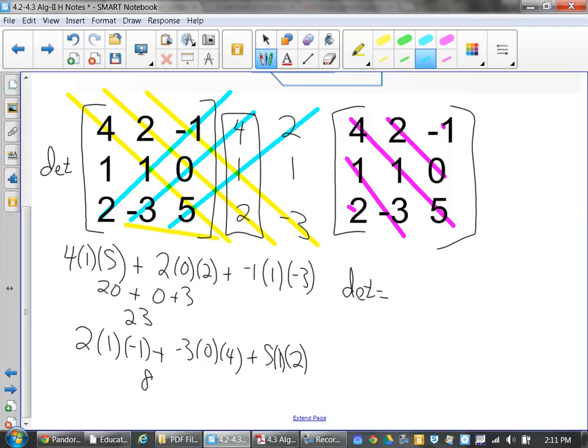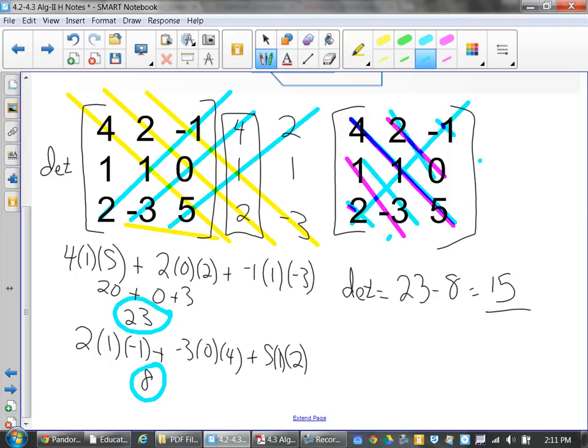is going to equal the downward diagonals minus the upward diagonals. I'm done. It looks weirder than it really is. It's just a matter of how you want to organize it. Either way is fine by me, because notice, all I'm doing is taking the downwards and then taking the upwards.